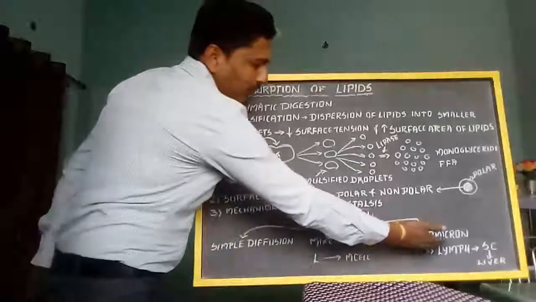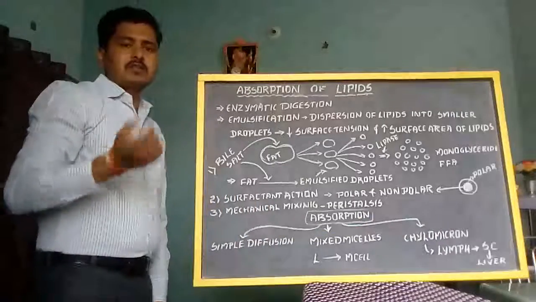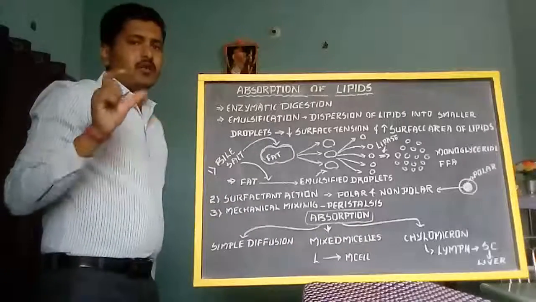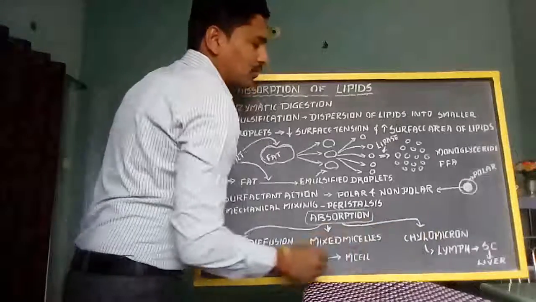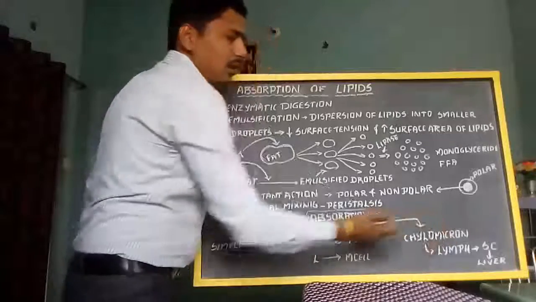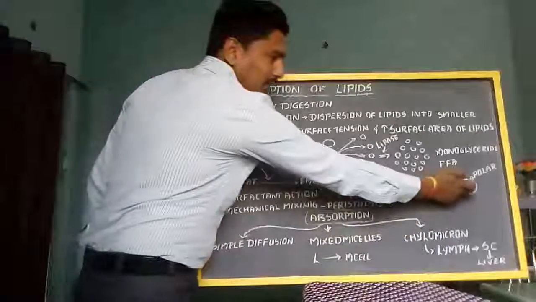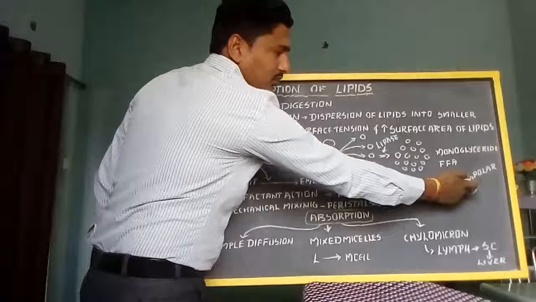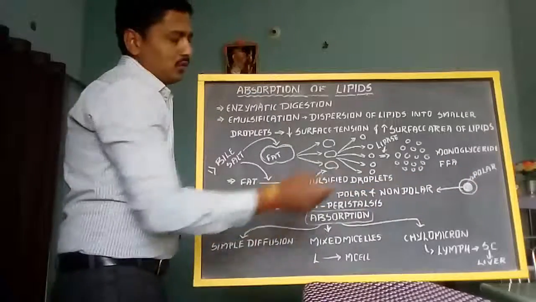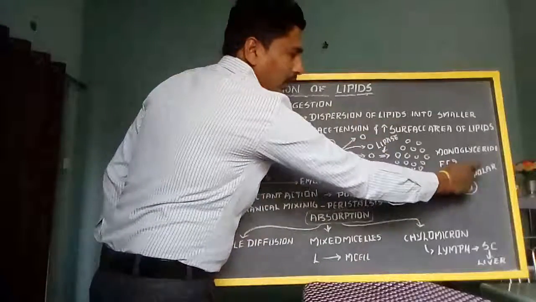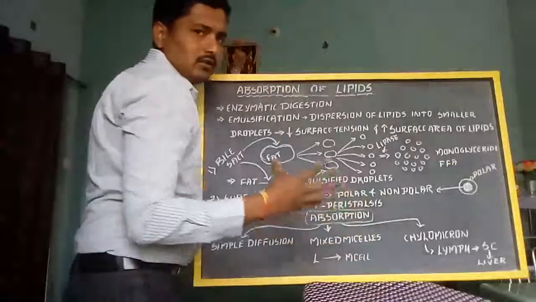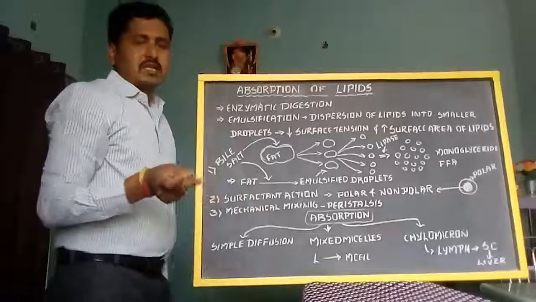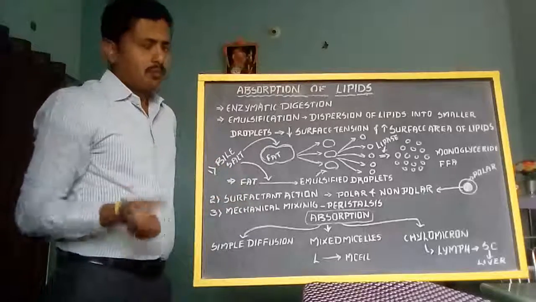And next one, chylomicrons. For larger lipid molecules or long chain fatty acids, we require the formation of these chylomicrons. These chylomicrons also have a similar structure: centrally a hydrophobic non-polar part, rich with triglyceride and cholesterols, and peripherally covered with a hydrophilic polar layer, rich with phospholipids, free fatty acids, cholesterol esters, and apoproteins.